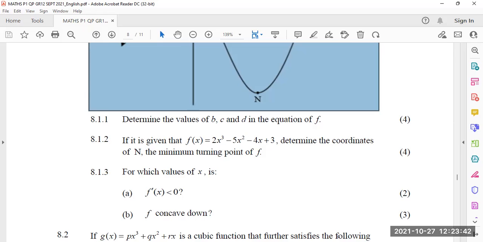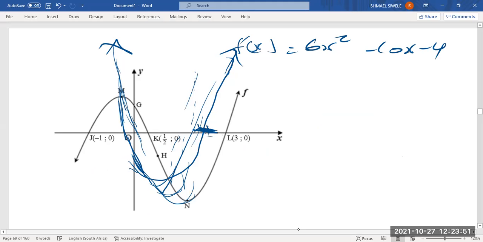Less than 0. Where is it negative? This is the x for the turning point, and this is x for the other turning point, right? So see what we have here: the turning points. Here we have 1/3. Let's check the other one.